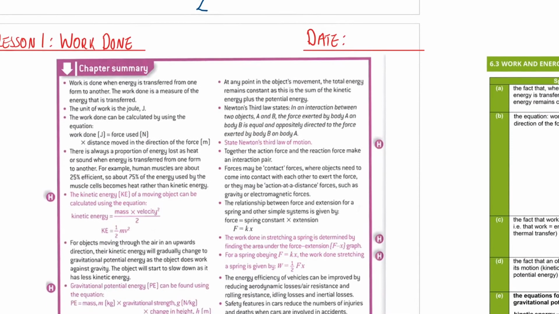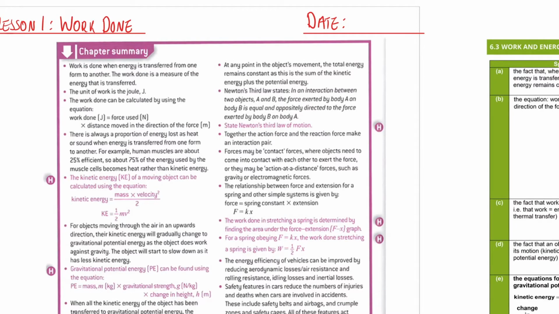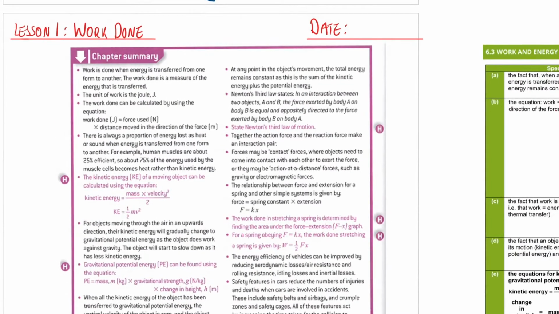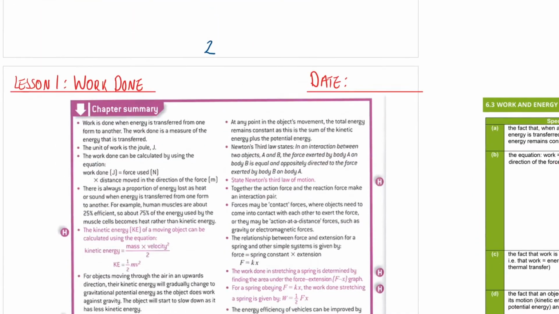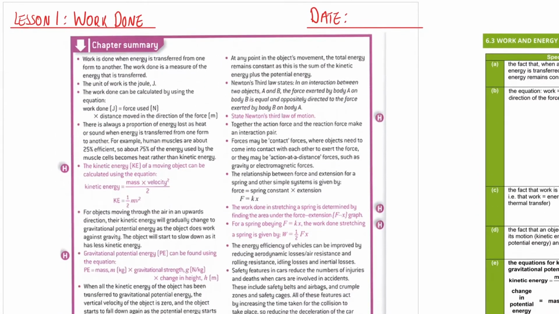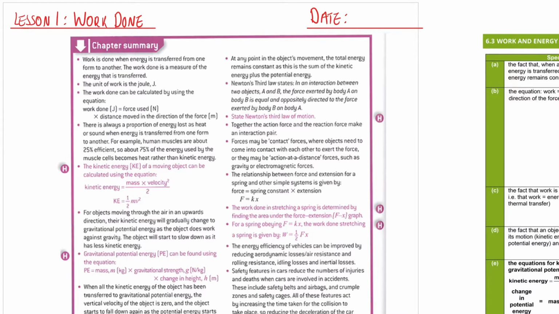Page 2, as always, is where you'll have the feedback, close the gap marking, and turn then please to page 3 and just write down the title, Lesson 1 work done, and the date on the top.